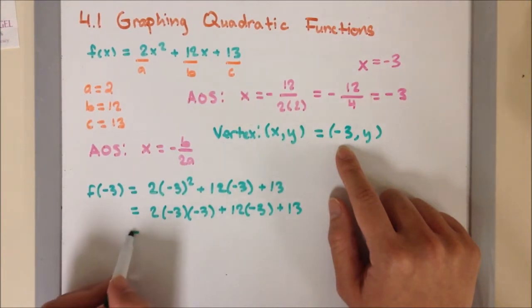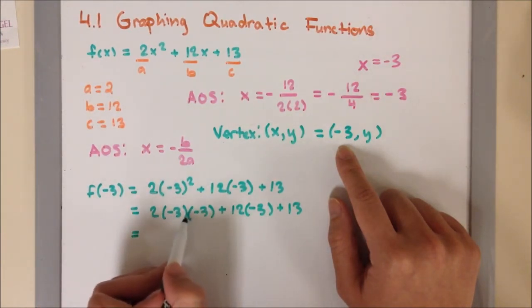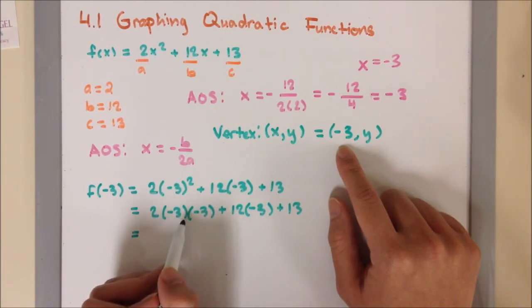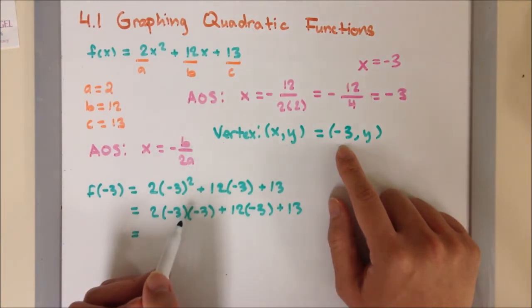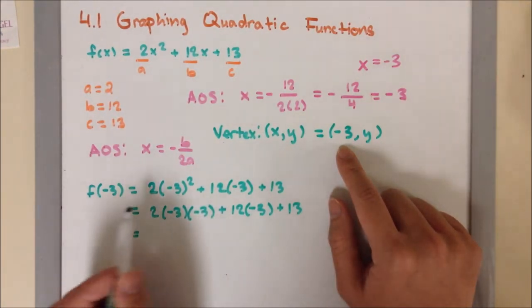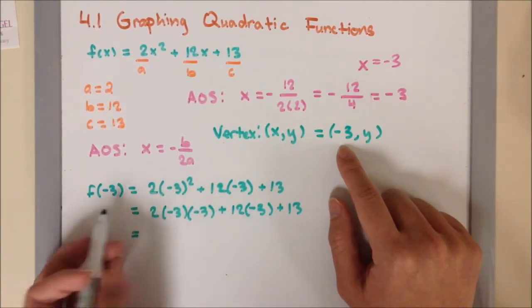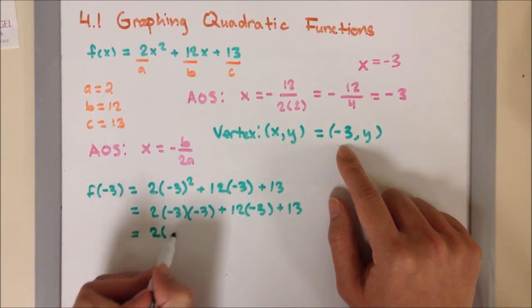Now, the reason I like to write it out is so that I can see that it's a negative 3 times negative 3. It helps a lot if the power is to the third or cubic, which we will be working on next semester. So it's going to be the exponent, negative 3 times negative 3, that's positive 9, so it's going to be 2 times positive 9.